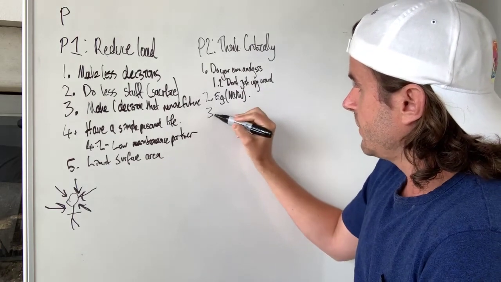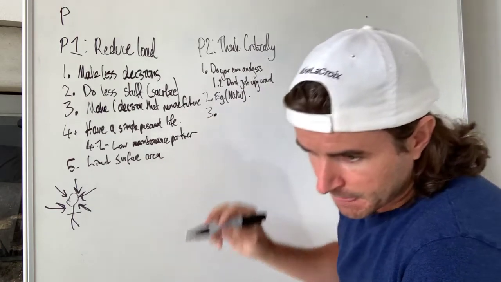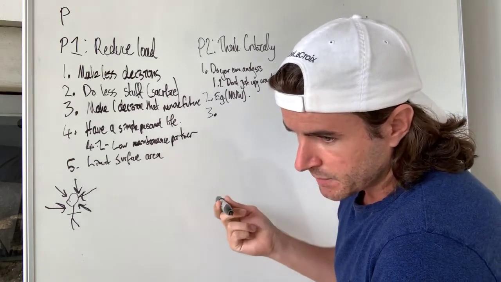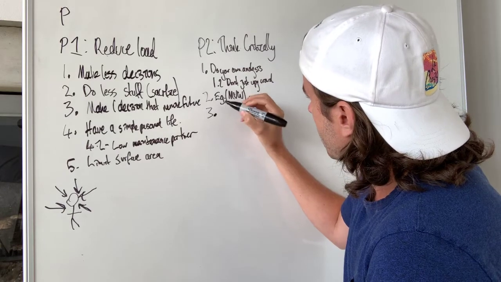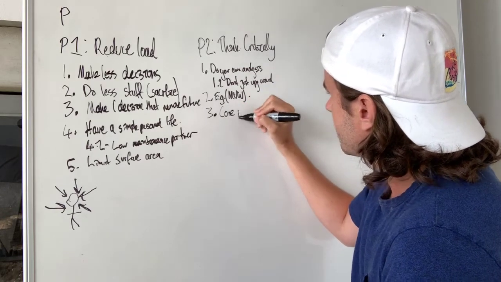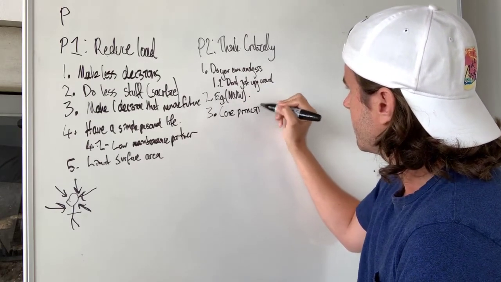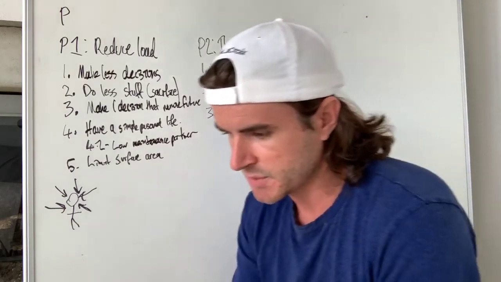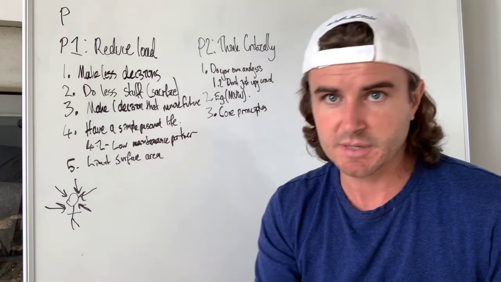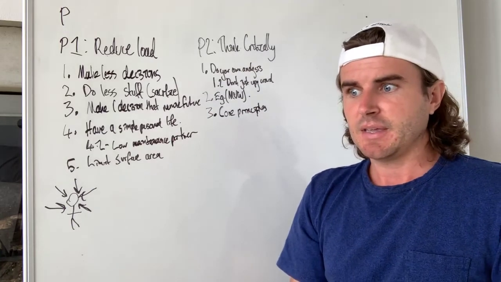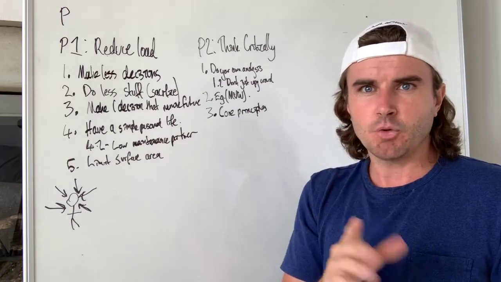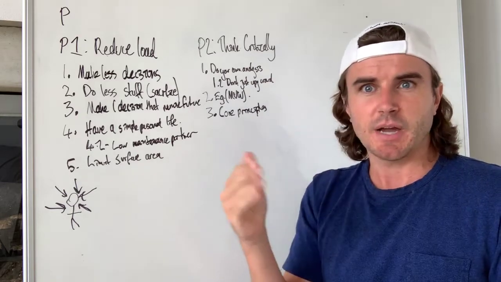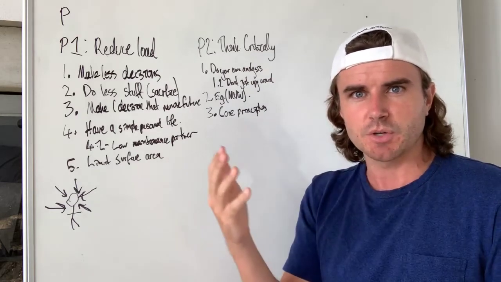Then the third one is apply core values or core principles. Right? Now, having core principles is a very helpful thing to have because ahead of time you make these decisions about how you want to live your life and what things you value and what things you don't.